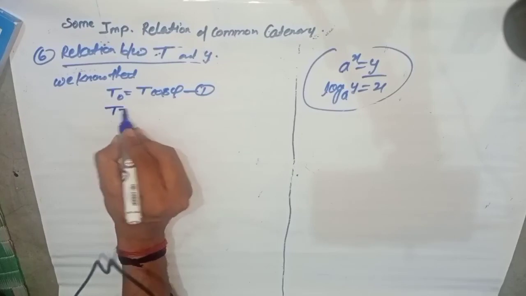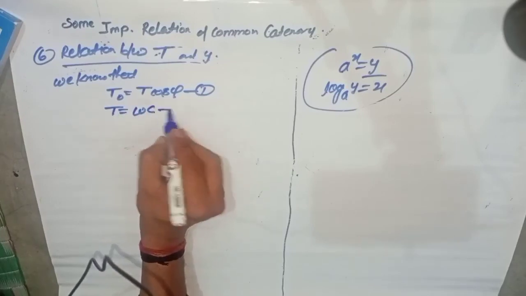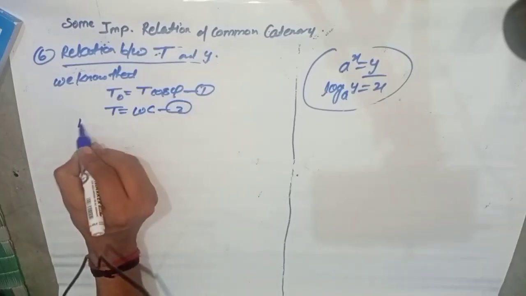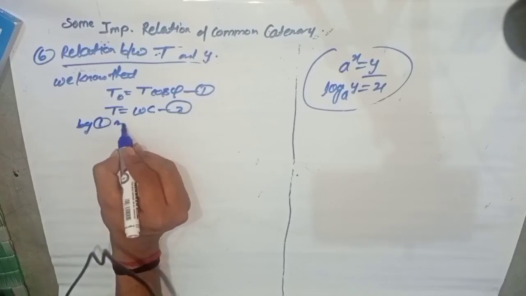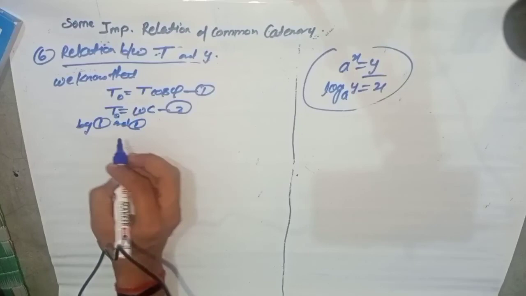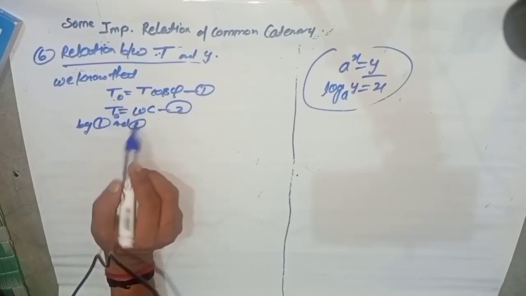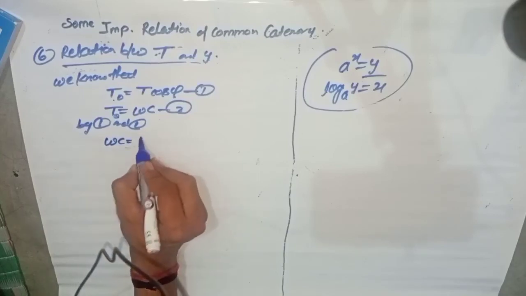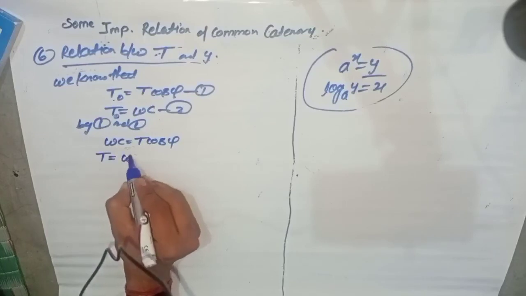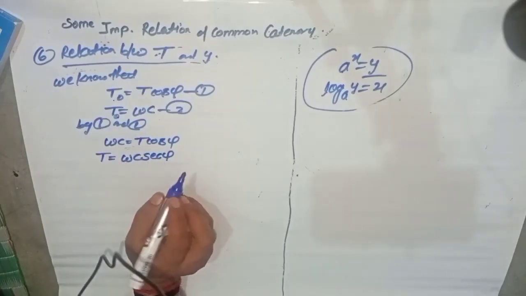And the second is also proved in the first, that is T equal to w y. This is equation second. Now with the help of equations first and second, T naught equal to w c, and putting the value of T naught from equation first, we get w c equal to T cos psi, then we get T equal to w c sec psi.